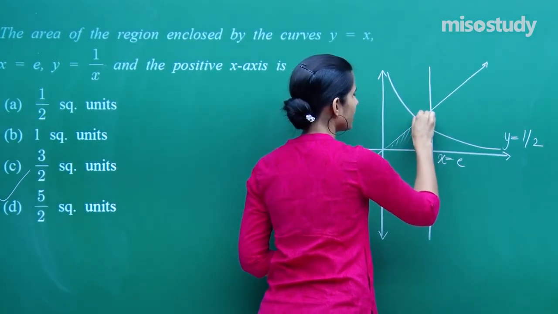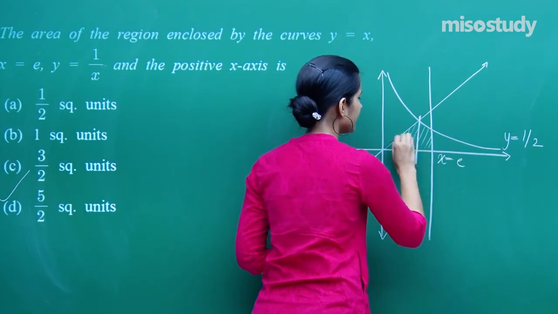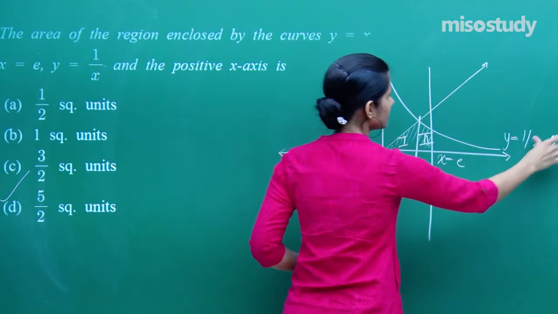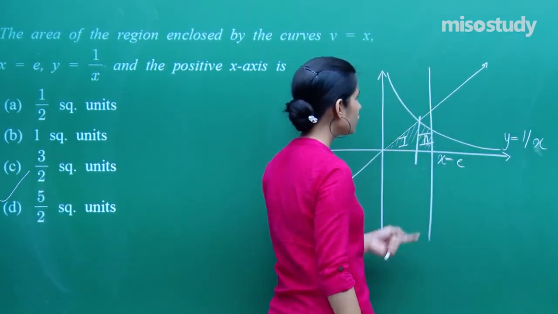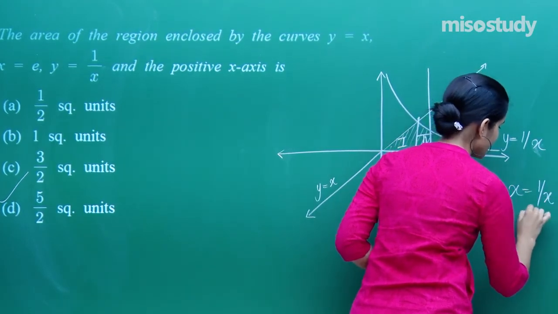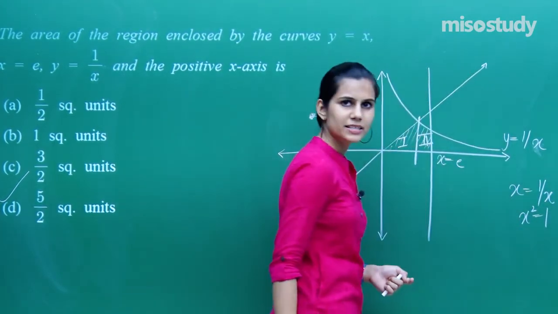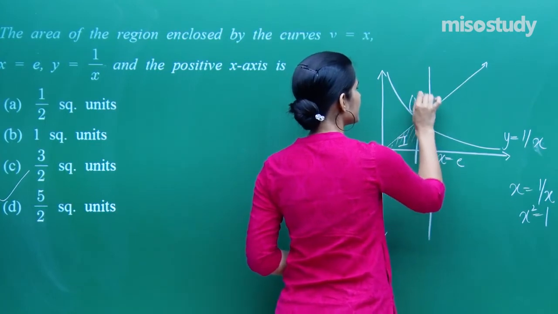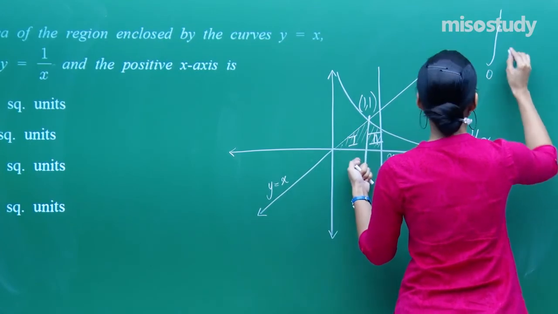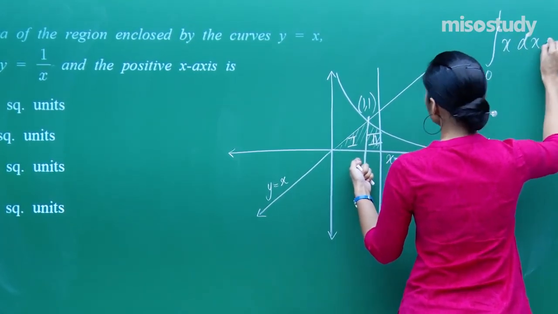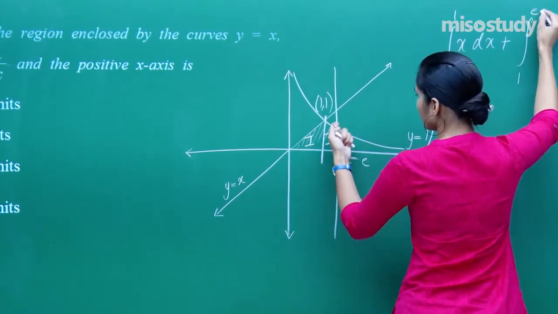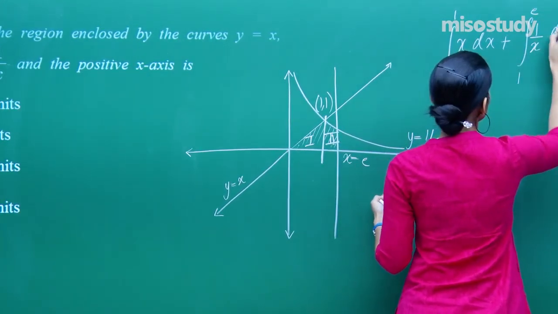Obviously we are going to first break this area into two parts, 1 and 2. This point is the intersection of y equals 1 by x and y equals x. So x equals 1 by x, x square is 1, x is plus minus 1, clearly this will be positive, so the point is 1 comma 1. The area is integral from 0 to 1 of x dx plus integral from 1 to e of 1 by x dx.